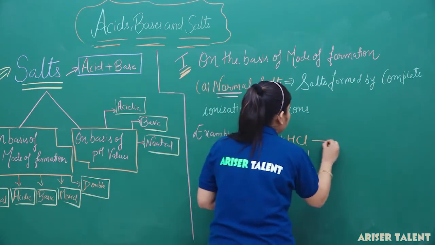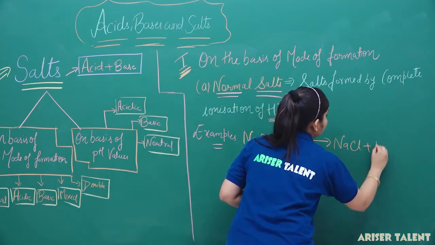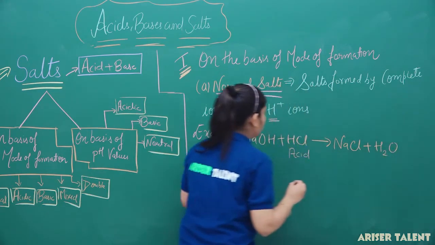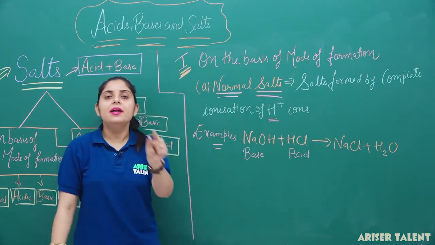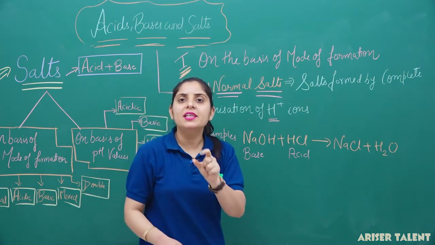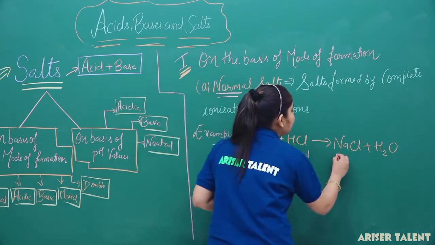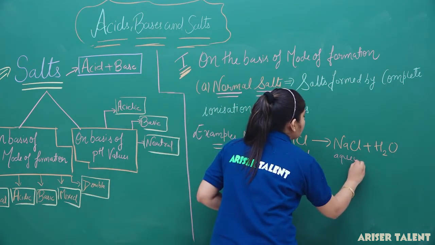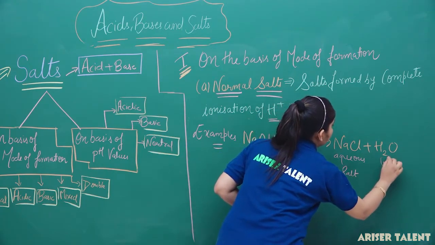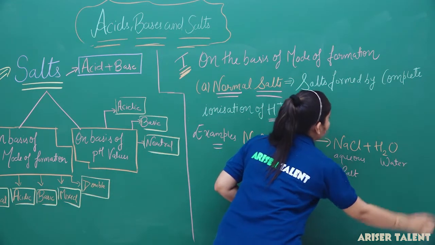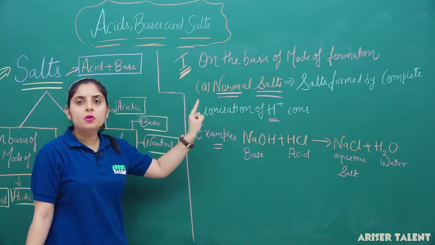When the base reacts with acid, we will get NaCl plus H2O. It means Na will combine with Cl to form NaCl, and the OH will combine with H to form H2O. So acid and base react with each other to form aqueous salt with the liberation of water. So this is all about the reaction of the normal salt.